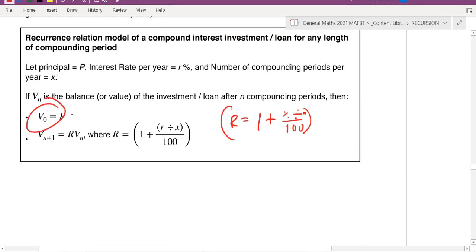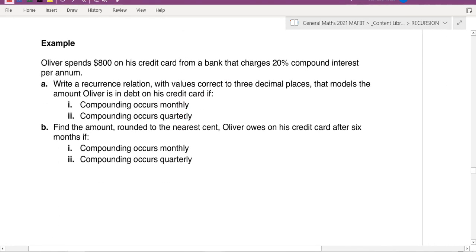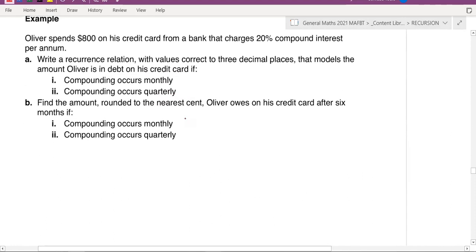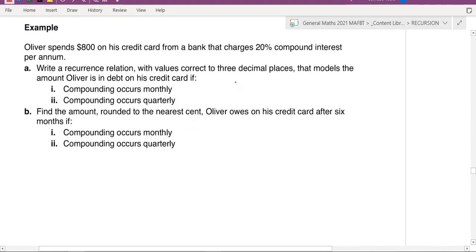You've still got V0, and it's just the R, or common ratio, multiplied by whatever term you're looking for to find the next term. All right, let's try these ones. We're going to figure out the rate, or the big R, if it's compounding at different periods per year.